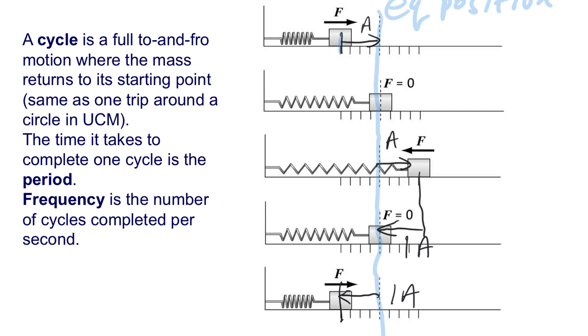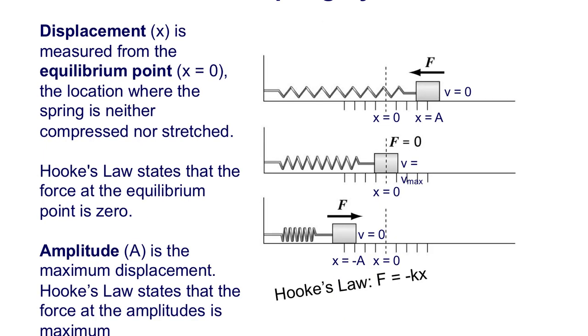So it continuously is going from maximum to 0, back to maximum, back to 0, back to maximum on the other side, etc. And okay, so they're showing that when you're extended, the amplitude is positive, and when you're compressed, the amplitude is negative on that side.